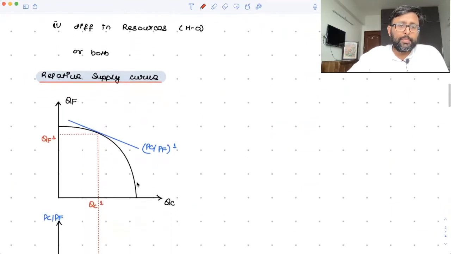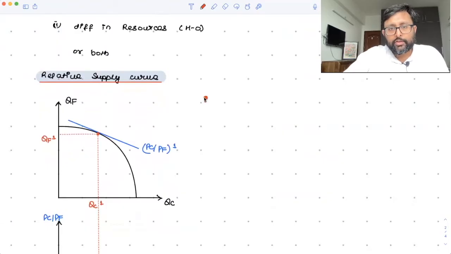You have the PPF, which is shown to you in this black line, right? So this is what the PPF is, and this is what my iso-value line is. So the country is going to produce at a point where the iso-value line is tangential to the PPF, right? The country is going to produce at the point where the iso-value line is tangential to the PPF.